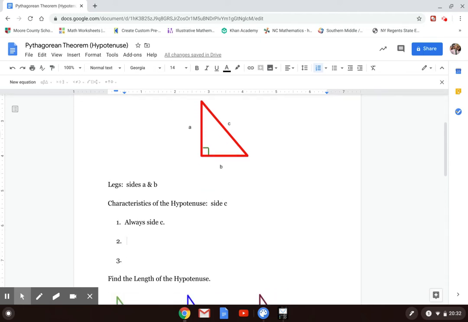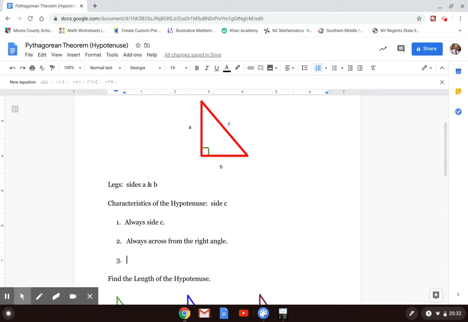The next thing is the hypotenuse is always across from the right angle. So if you look here again, your right angle symbol is right here. It means that this angle measures 90 degrees. And across from that right angle is the hypotenuse, which is side C. And it is always going to be there across from the right angle.